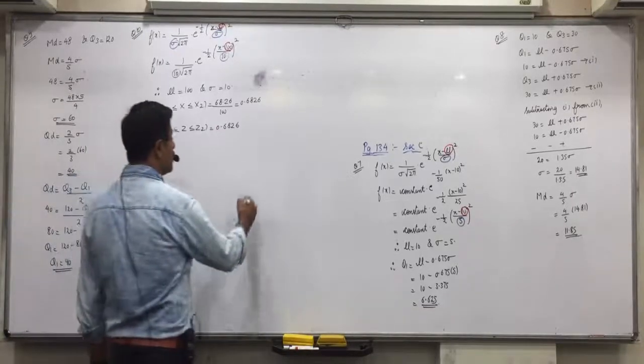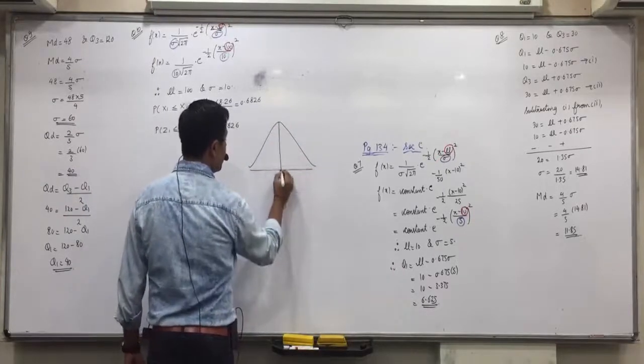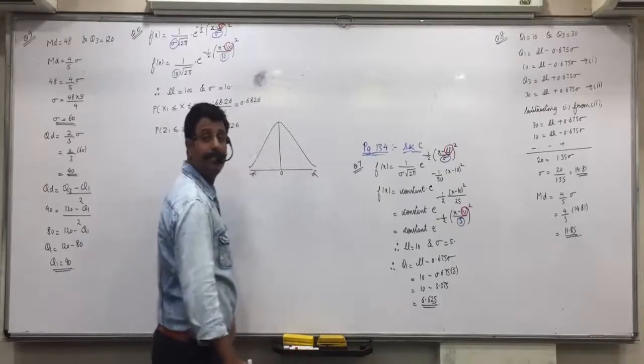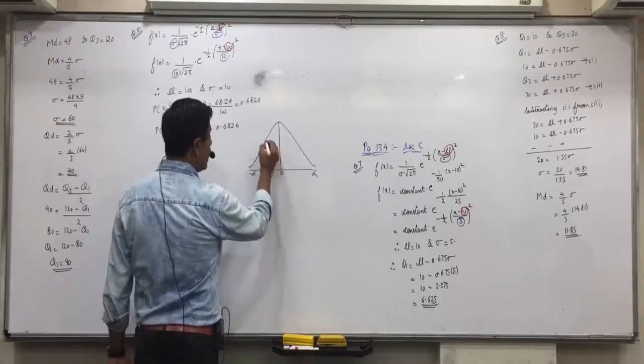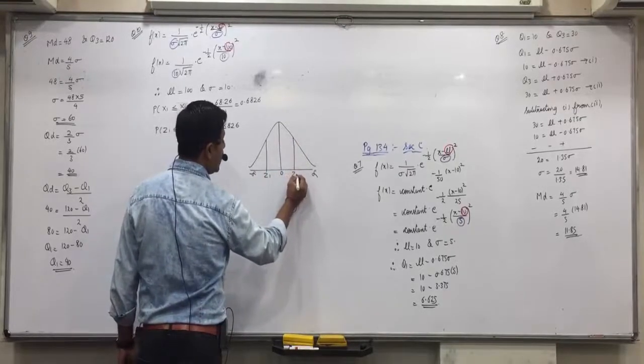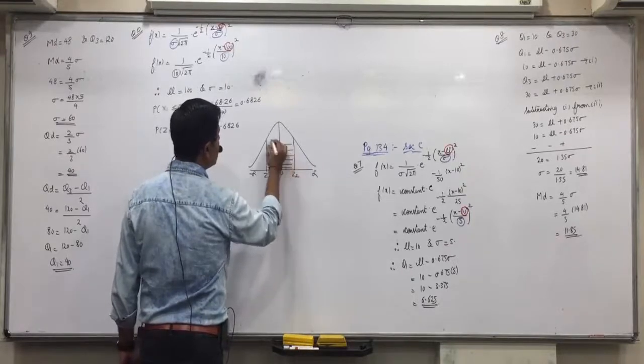Now middlemost observations, if you remember, only one diagram will come. Z1 we take on the left side, Z2 on the right side. Between Z1 and Z2 is 0.6826.